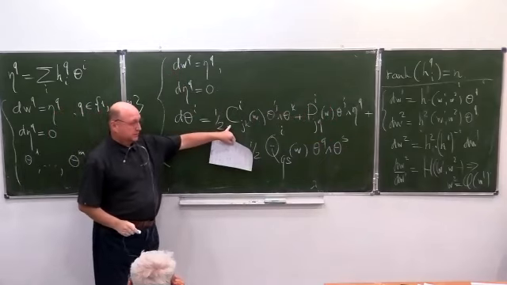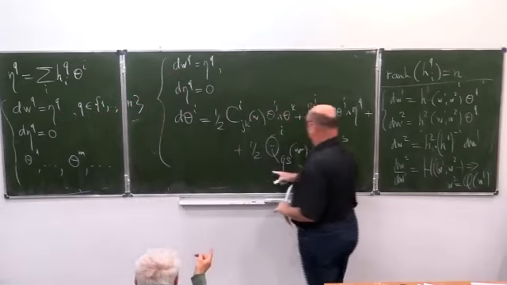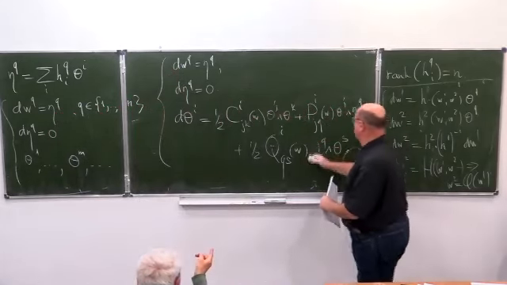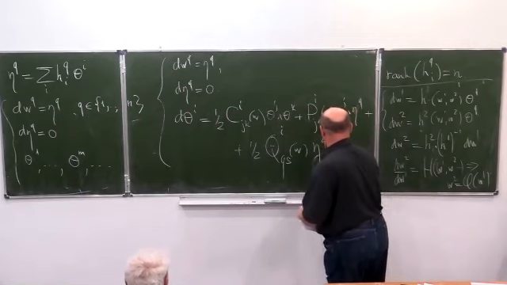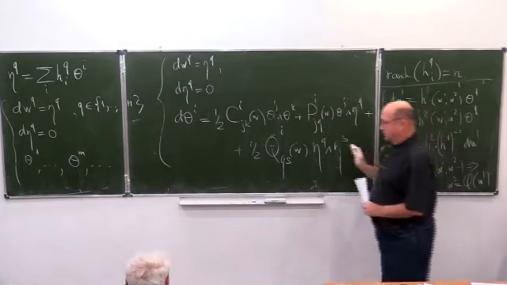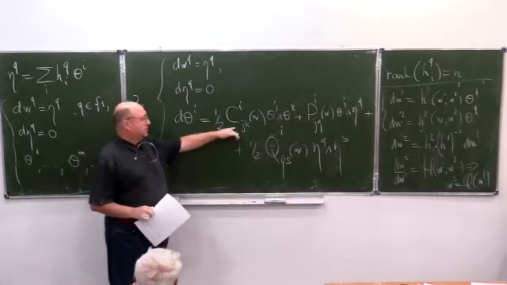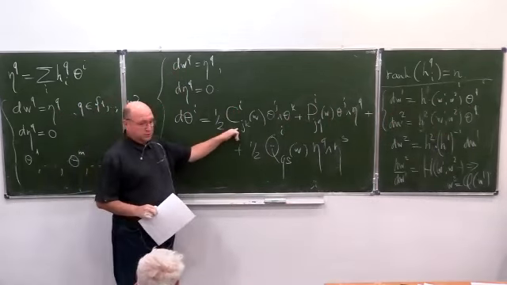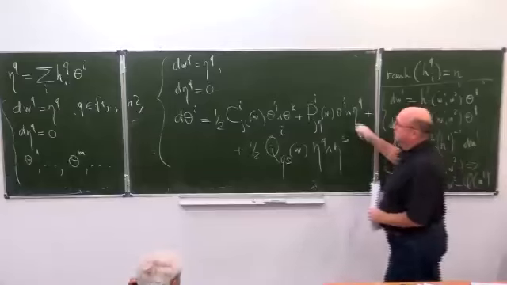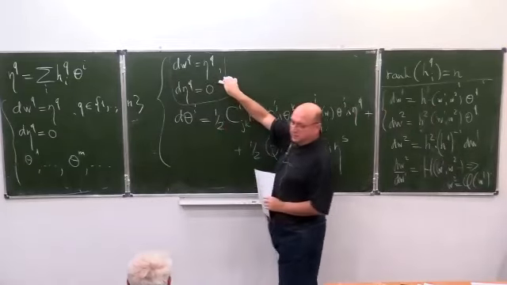These constants are skew-symmetric with respect to j and k, and these functions are skew-symmetric. Actually, these functions can be constants, but the fact that it is not a Lie algebra is encoded in this part.